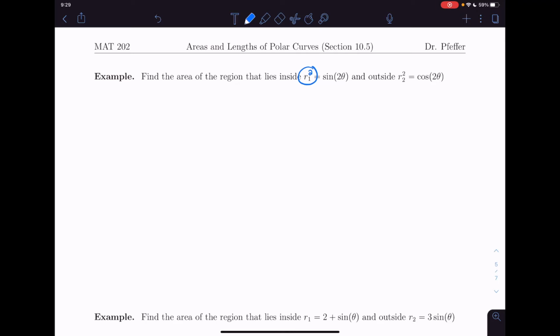You'll recall using flat curves that we'll draw it like this. Here I want to draw R1 squared is equal to sine of 2 theta. If I were to draw that flat curve, I would have a sine curve. We'd have two of them, up to 2 pi. But I'm not allowed to consider the negative portion, so I only admit 2 petals, and the petals are going between, this is going to be pi, this is going to be pi over 2, and I start off here at 0.